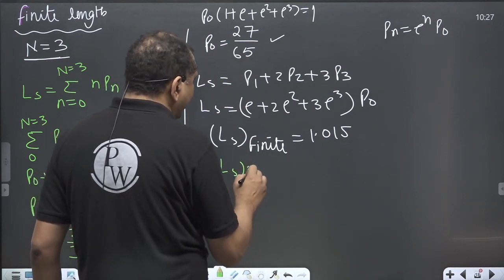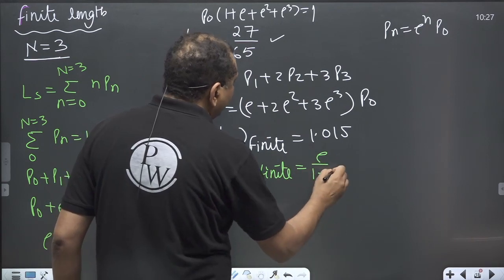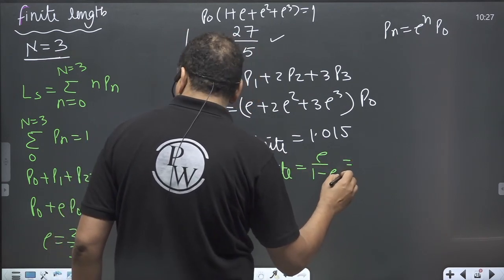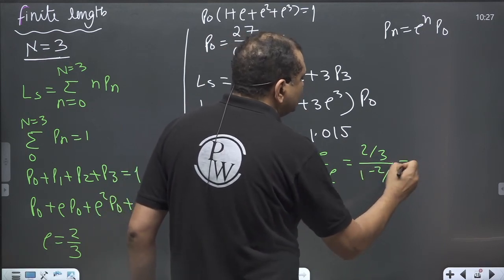And LS infinite is rho divided by 1 minus rho, 2 by 3 over 1 minus 2 by 3, which comes out to be 2.